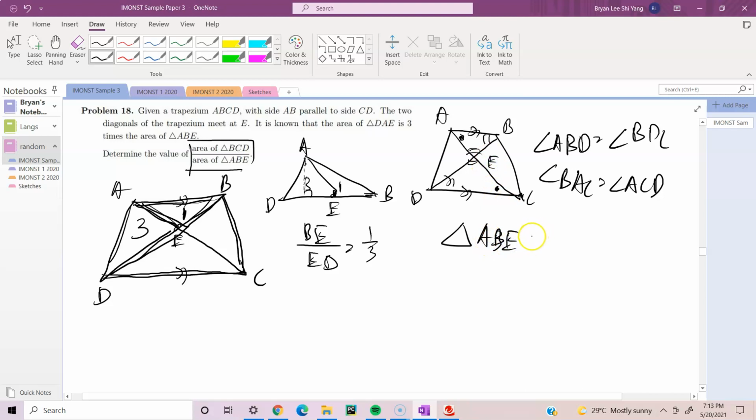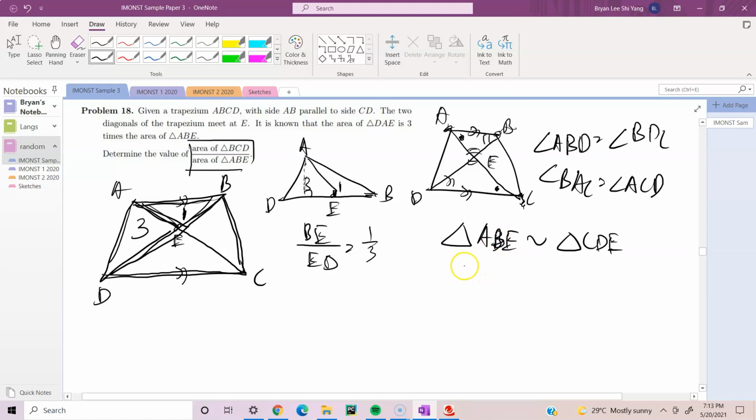And then from here, we can conclude that triangle ABE, oh, I forgot the point E, sorry. Triangle ABE is similar, use a wave sign to represent similar, to triangle CDE. Okay. So A corresponds to C, B corresponds to D, and E to E. And then from this we can derive the same length ratios.